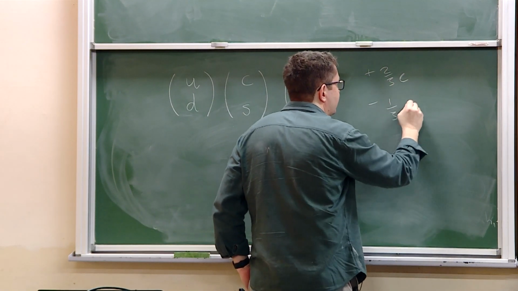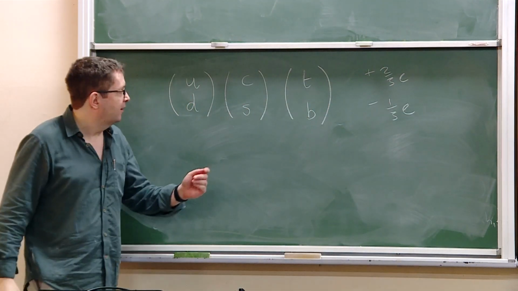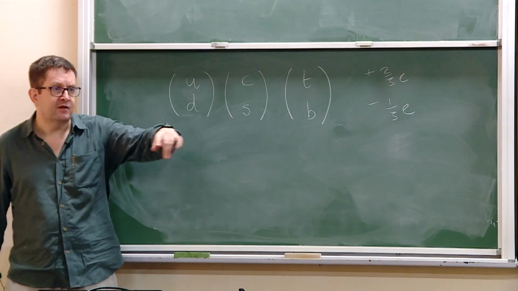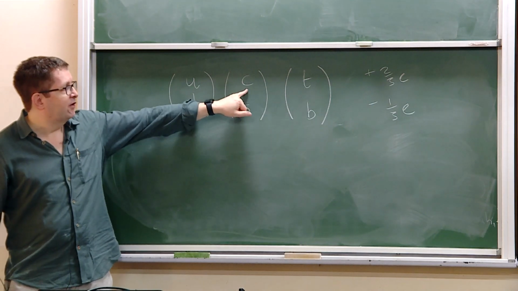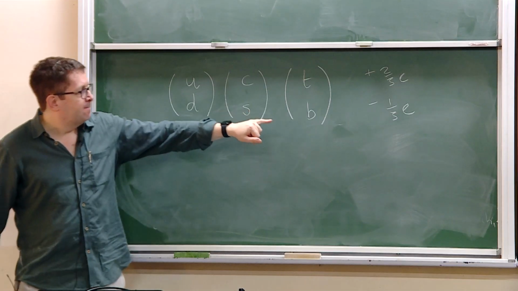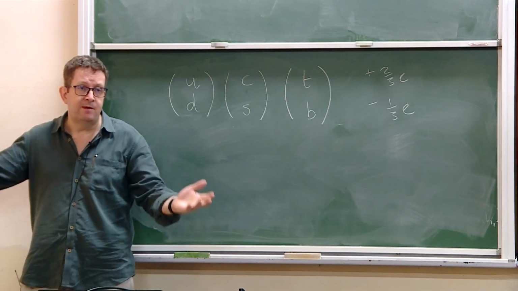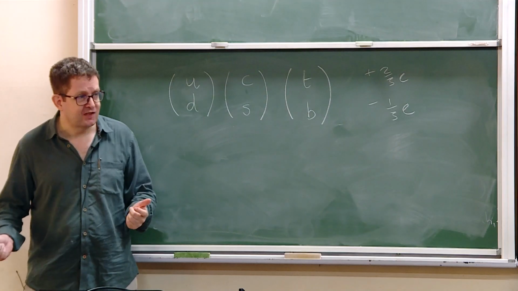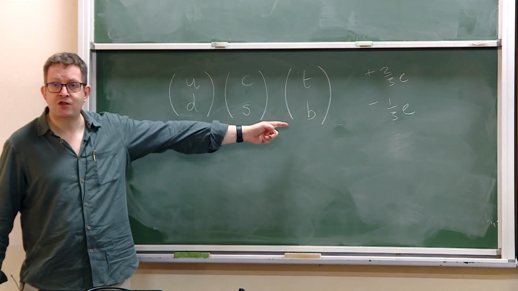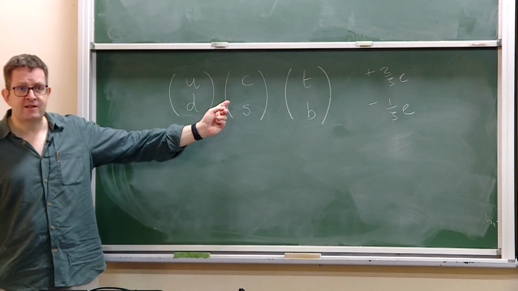All these along the bottom have minus 1/3. This is the charm quark that someone just mentioned, which partners with the strange quark. This was discovered in the 1970s. Then to describe the difference between matter and antimatter, 2 Japanese gentlemen, Kobayashi and Masukawa, predicted there would be a 3rd generation even before we'd seen the charm quark.